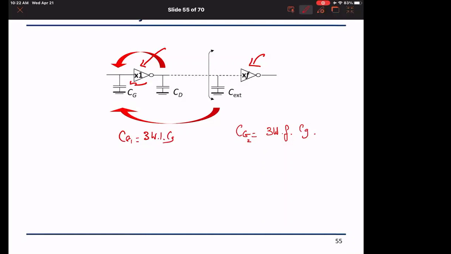Then I can write the delay as TP0 for my stage into 1 plus F over gamma.